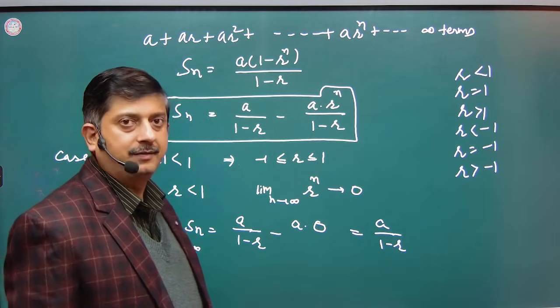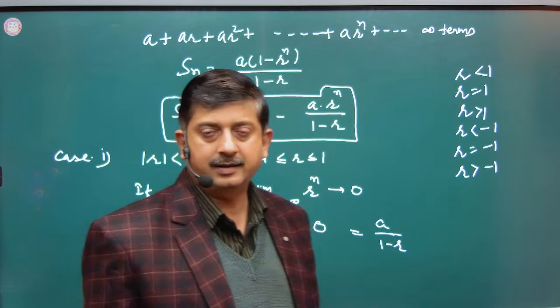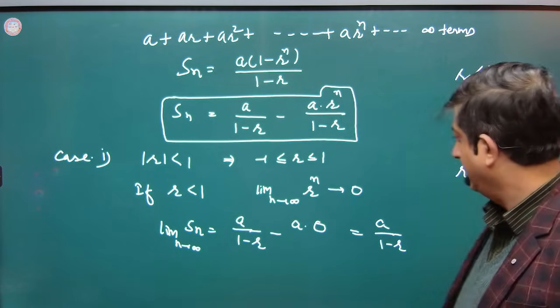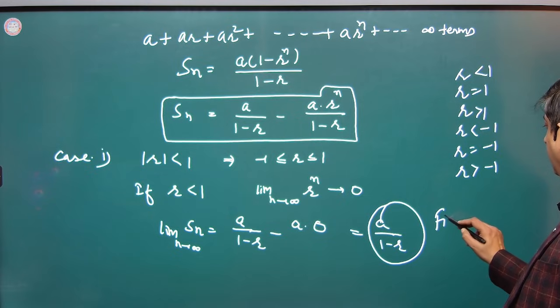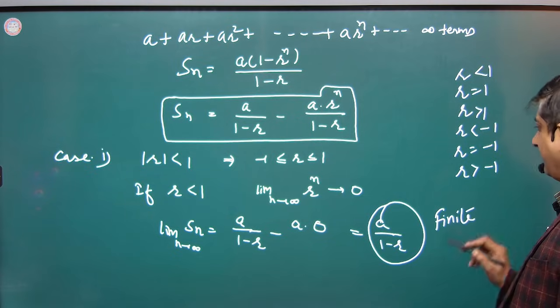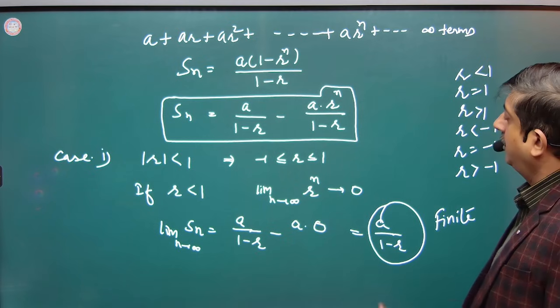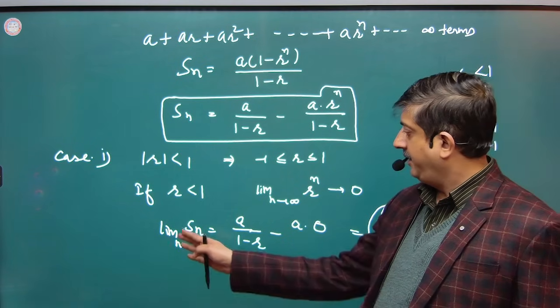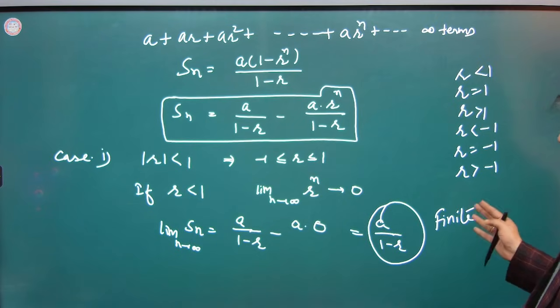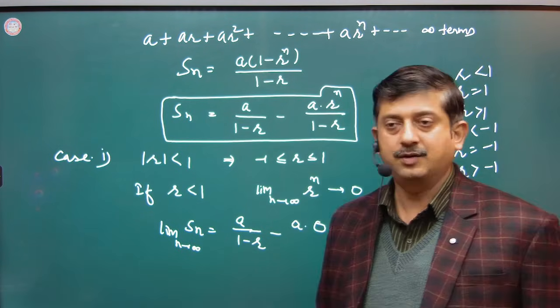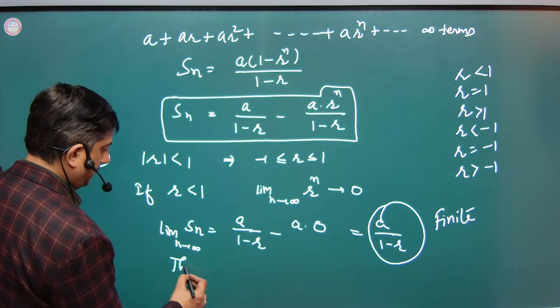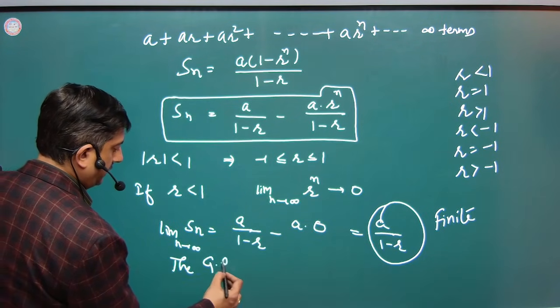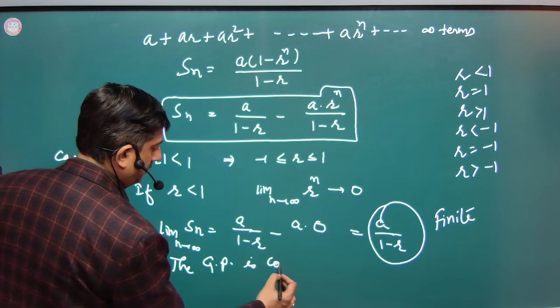Since r is less than 1, 1 minus r is again a finite value. Hence this is a finite value. As I discussed earlier, if limit n tends to infinity of Sn is finite, then the series is convergent.